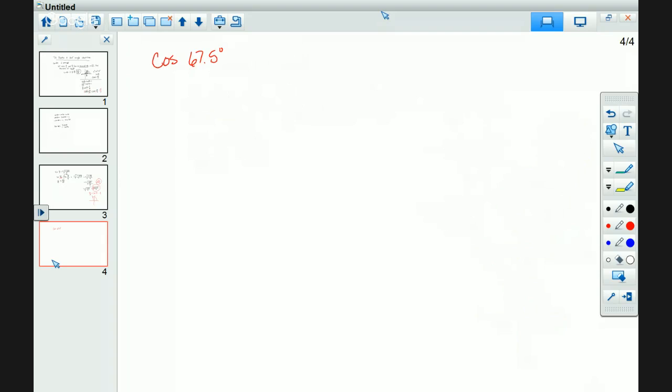That is the same as, what's times 2? 135? That right there, correct? This you could double, but we already doubled this one.